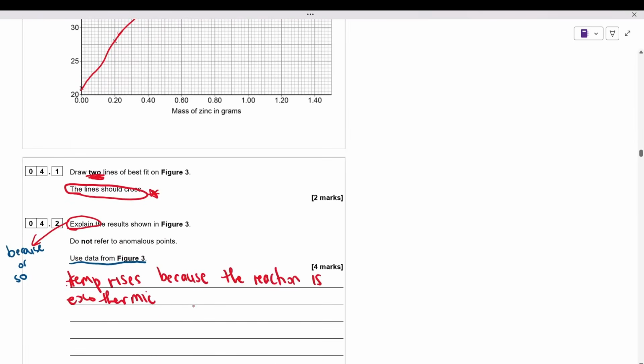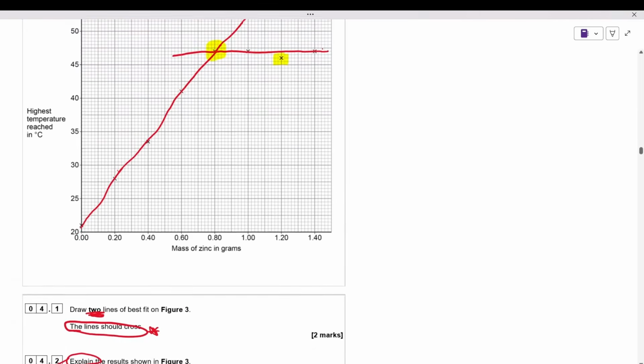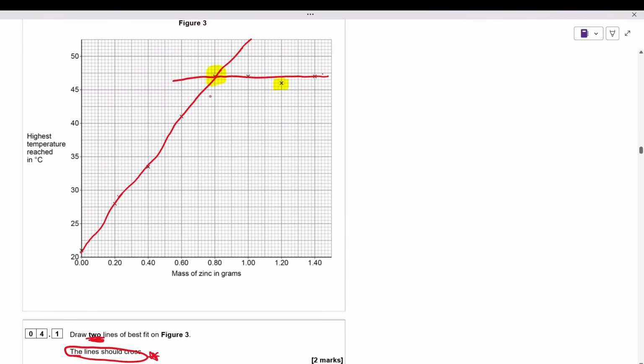So it rises because it's exothermic until 0.8 gram of zinc is added. And that's data from our figure. So we've used data from our figure, but that's just the first portion of our explanation.